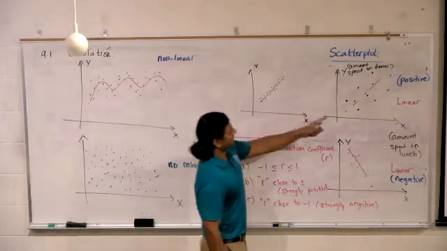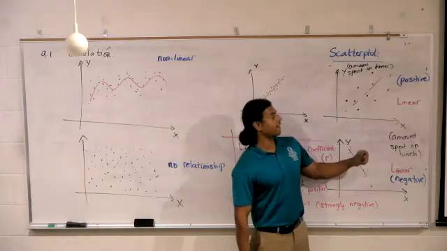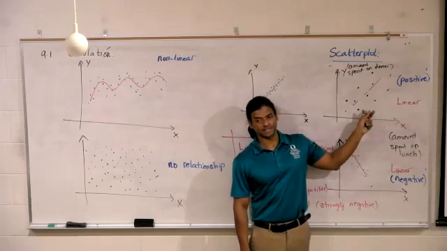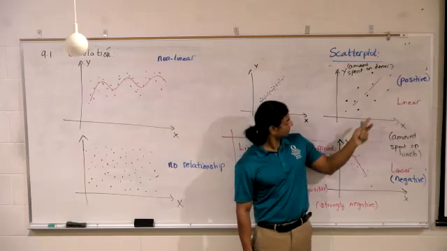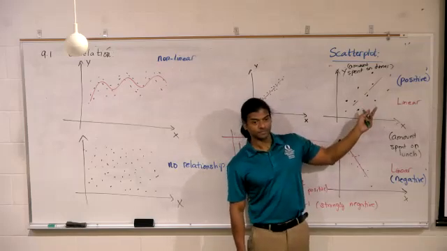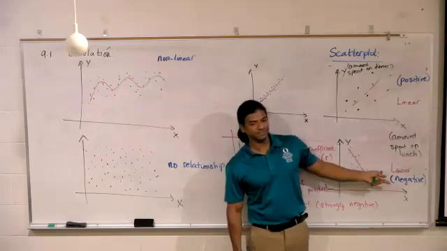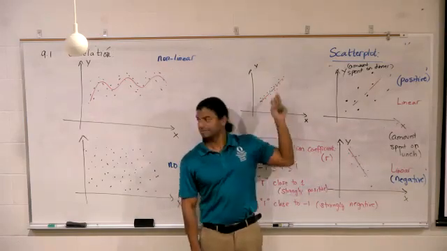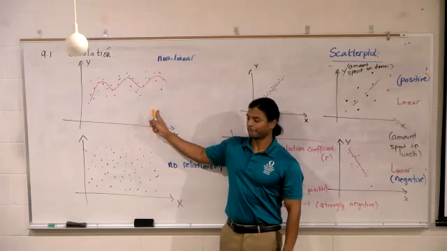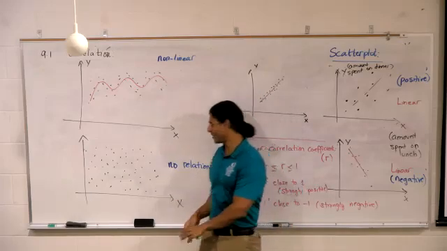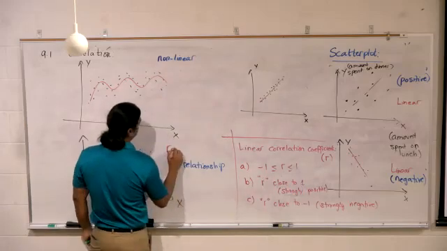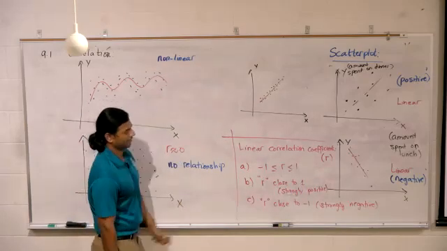So, do we expect the value of R to be positive or negative? Zero. This one, positive. That one, negative. So here, R is probably close to 0.